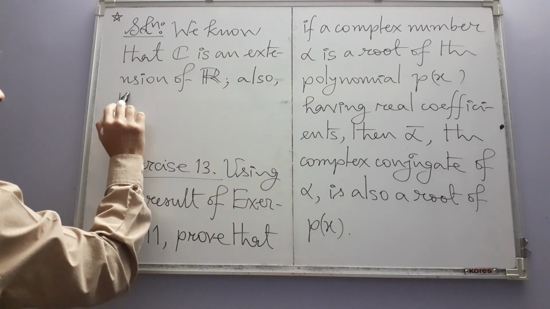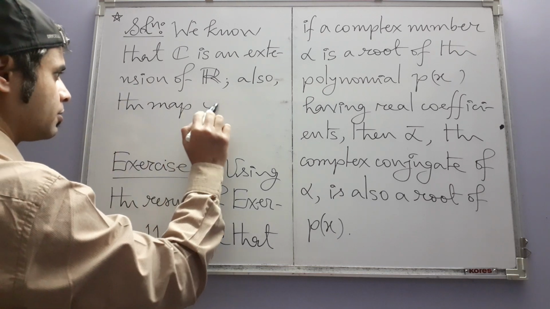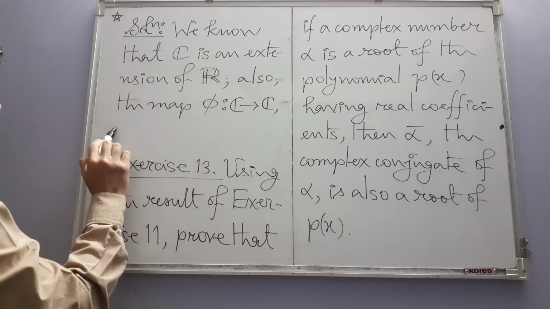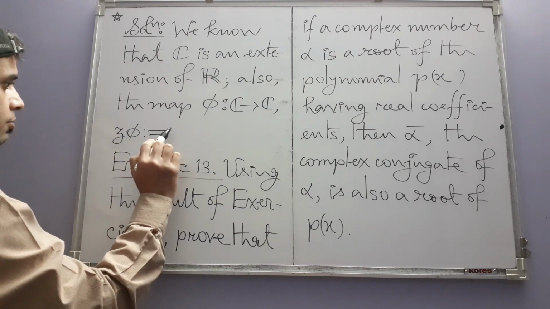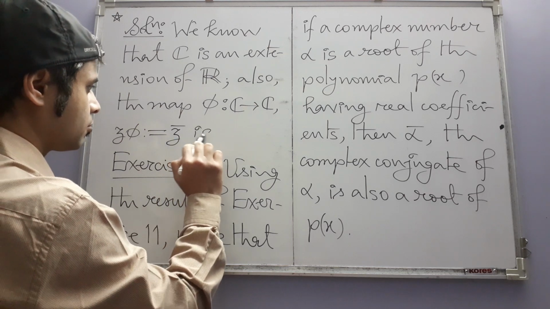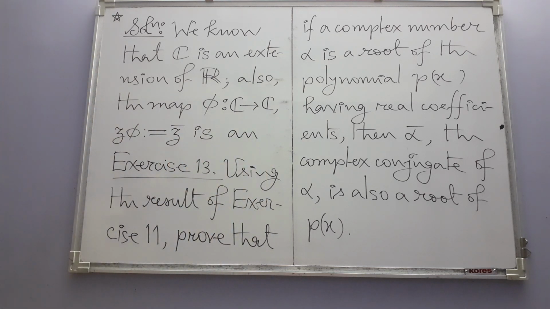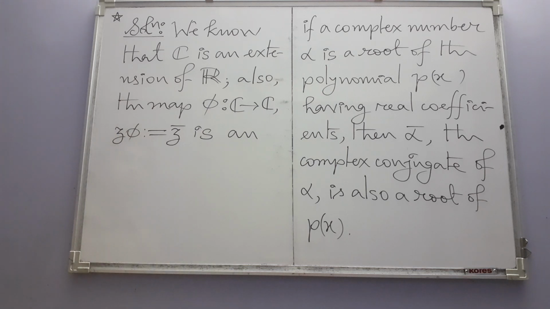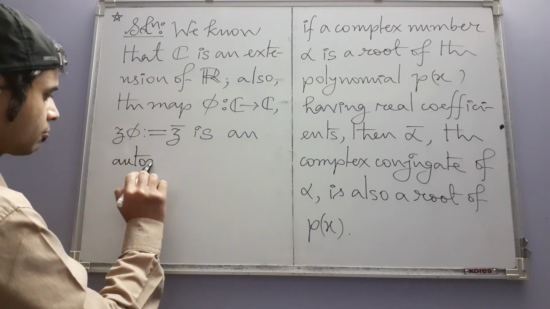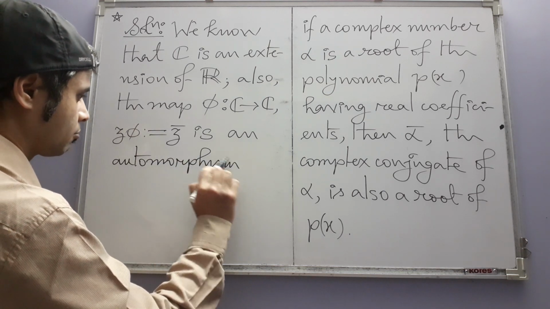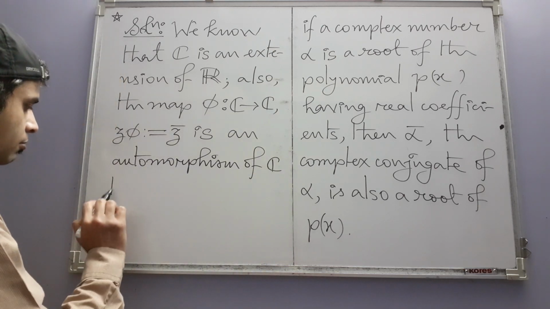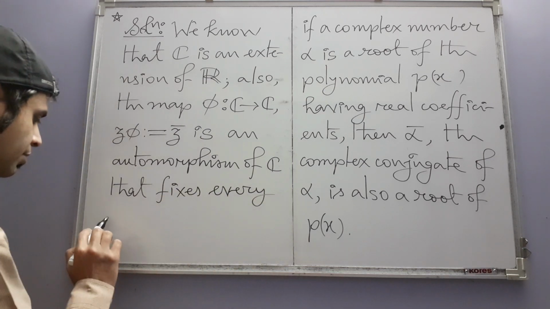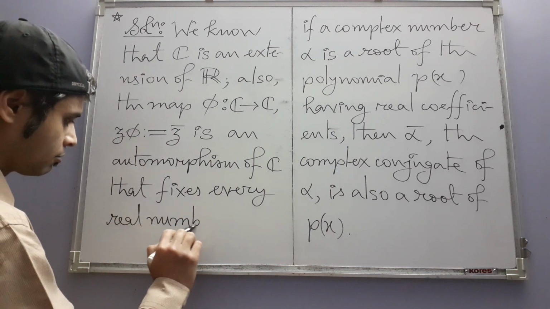Also, the map phi from C to C defined like this: z phi is equal to z bar is an automorphism of C that fixes every real number.